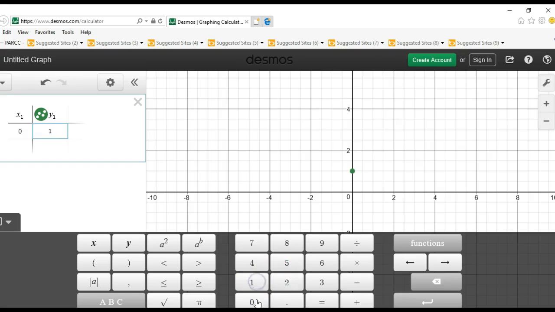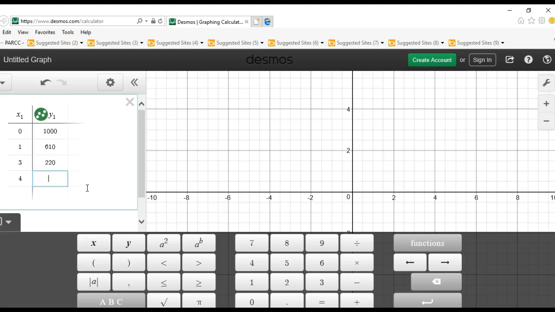So it was 0, 1000, then it's 1, 610, and then it skipped to 3, and the Y with 3 is 220, and then 4, 132, and it skips to 6, and that Y value is 45.